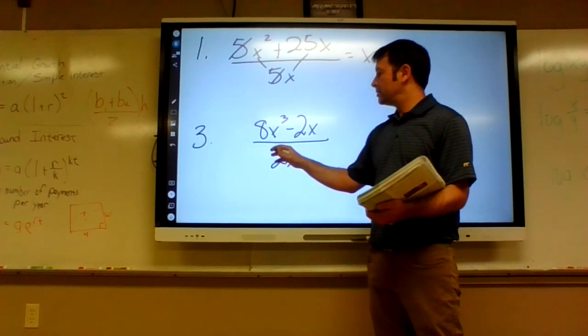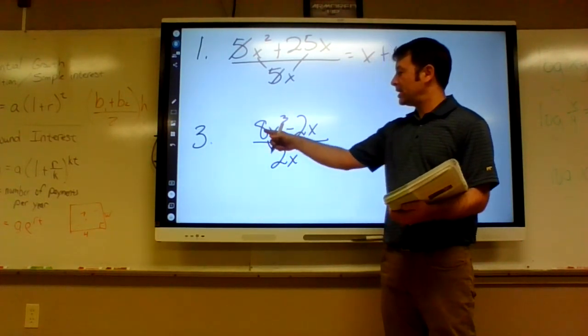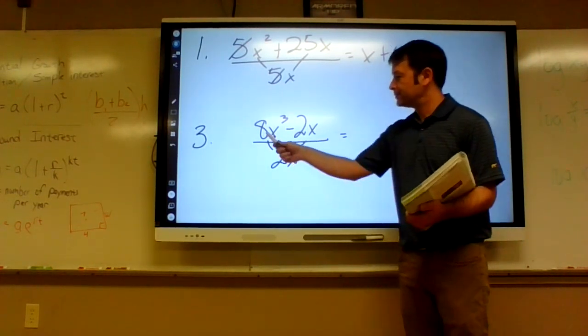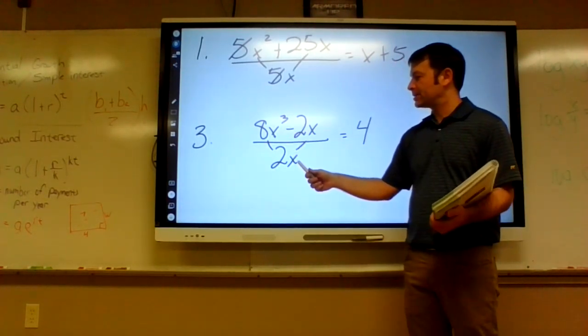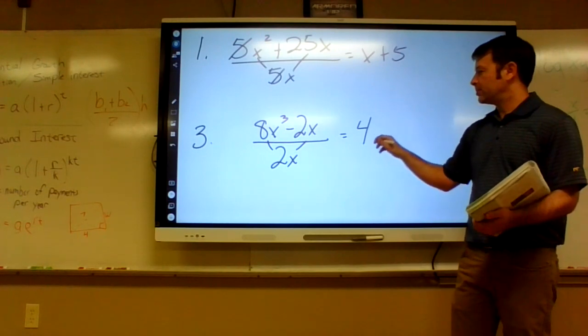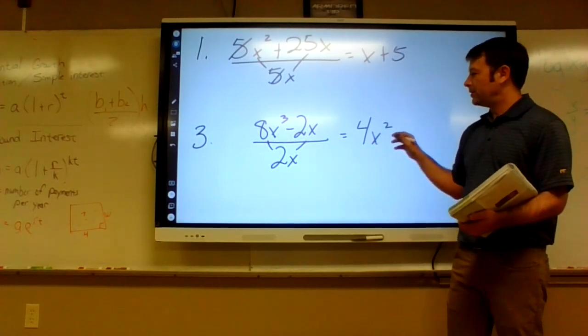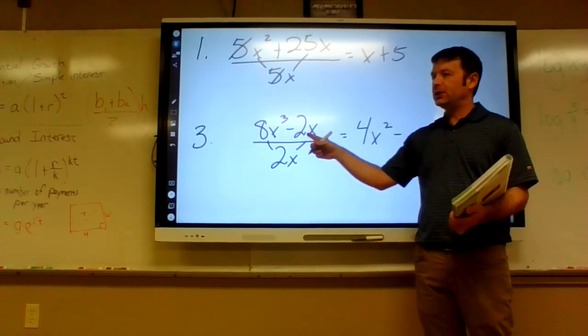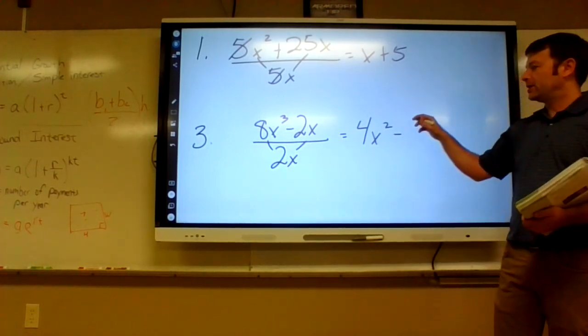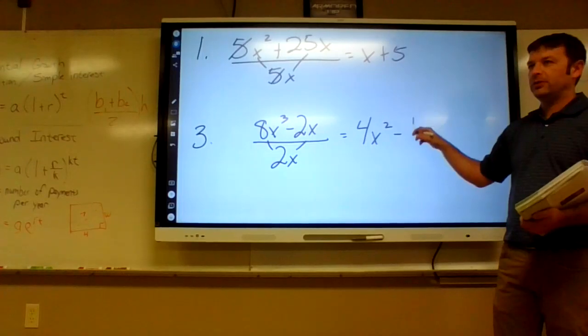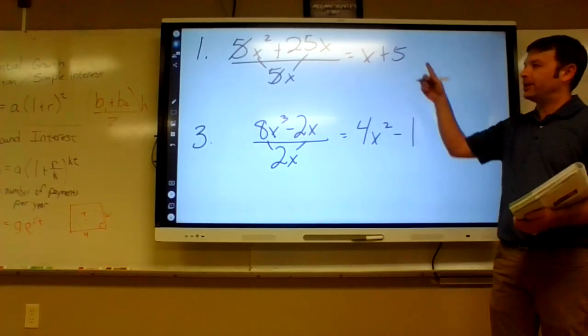Okay, so here we go again. What is 8 divided by 2? 4. What is x cubed divided by x? X squared. Minus, what is 2x divided by 2x? 1. Now, why did I write 1 on this one and not on that one?